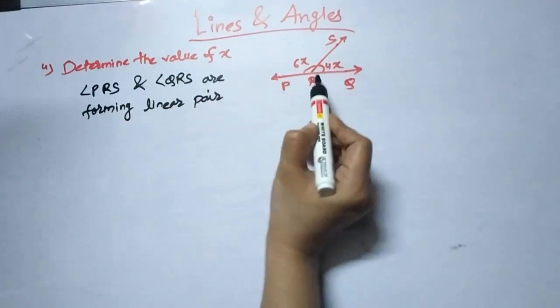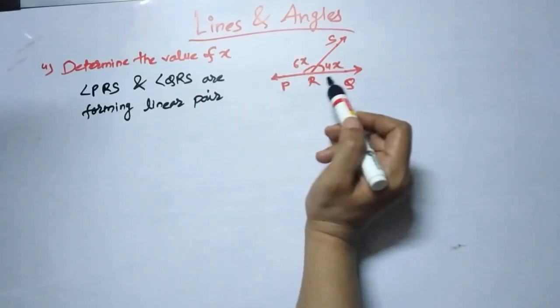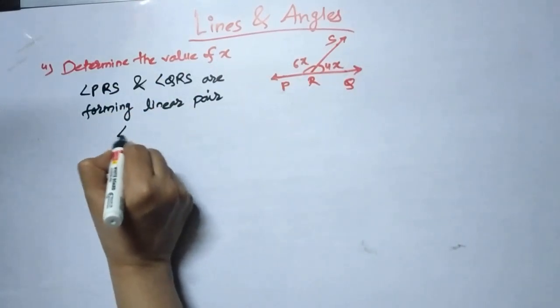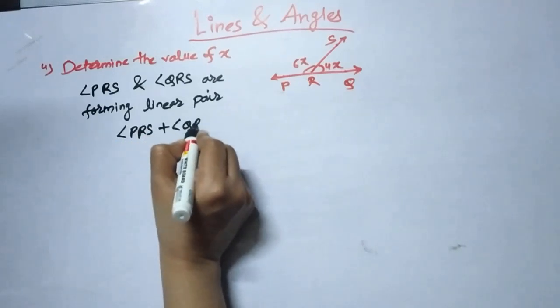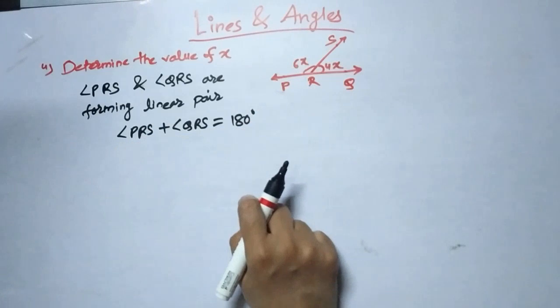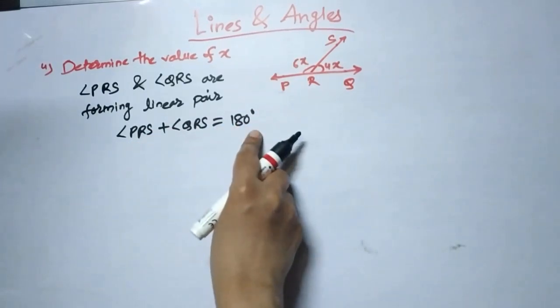You can clearly see this PR ray and this RQ ray. They are opposite rays and they are forming linear pair angles. So I can write down angle PRS plus angle QRS is equal to 180 degrees. Linear pair angles are supplementary, which is nothing but the sum of those two angles giving 180 degrees.